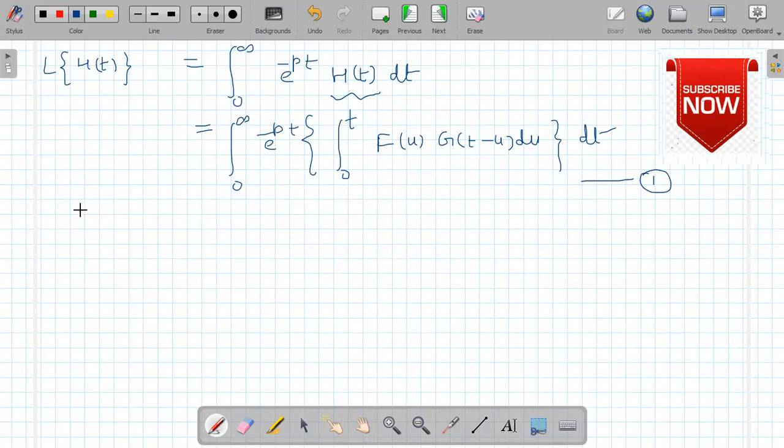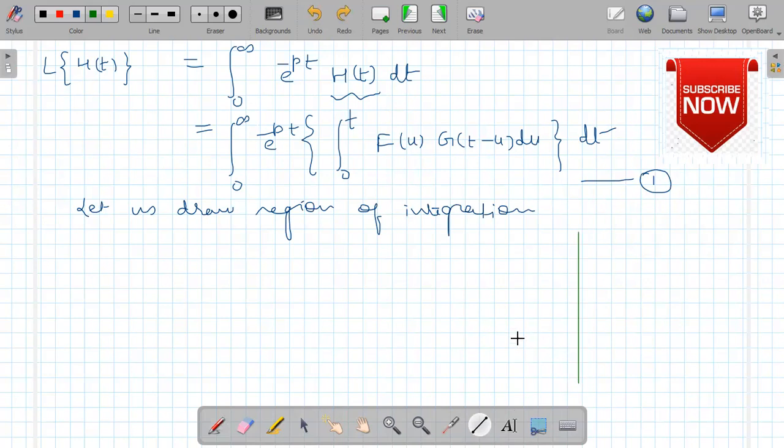Now let me draw the region of integration. The region of integration is obtained by marking these limits on the graph paper. So let me use another color for it, let me take green.